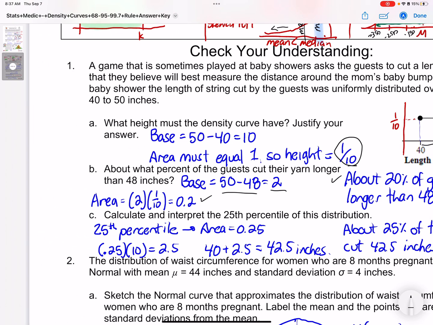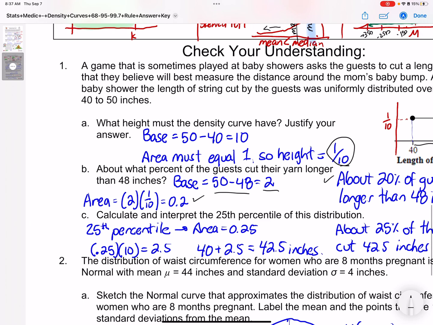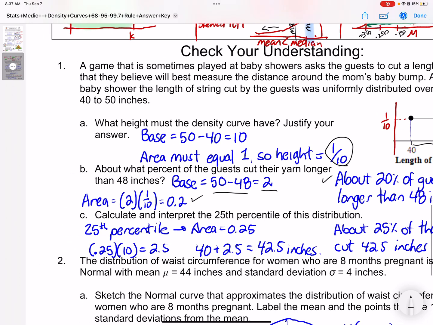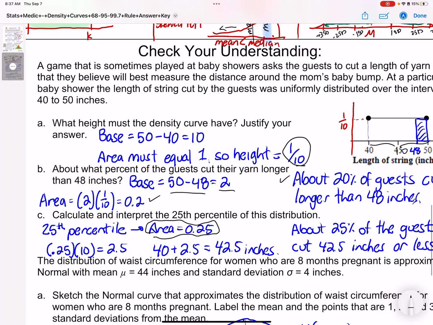Calculate and interpret the 25th percentile. The 25th percentile means the area is equal to 25%. We know 25% times 10, because that's how wide the bracket is, gives 2.5.